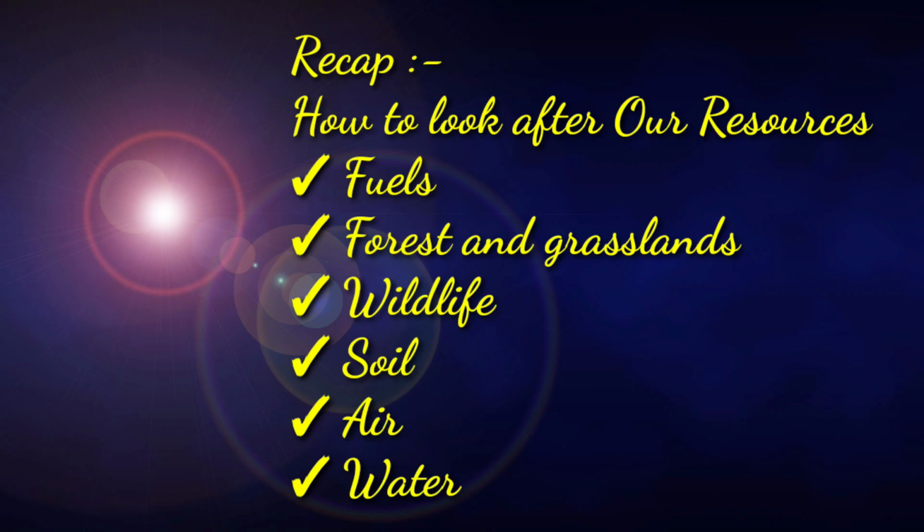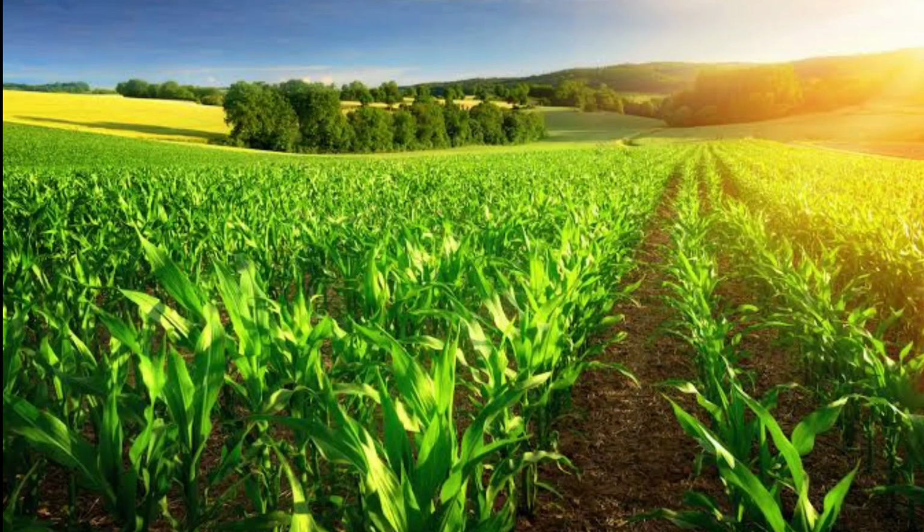So that's why we learned about the causes of air pollution and the steps we can follow to reduce air pollution. Lastly, we discussed about water, how to deal with the shortage of water, and how to control water pollution.